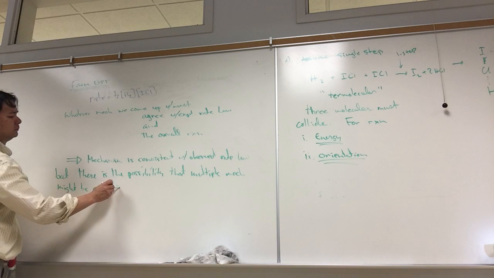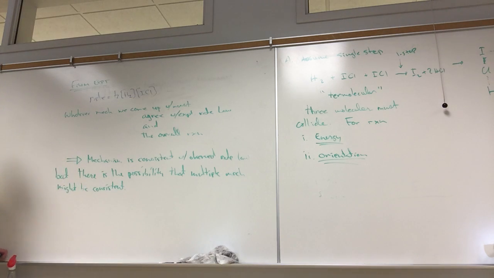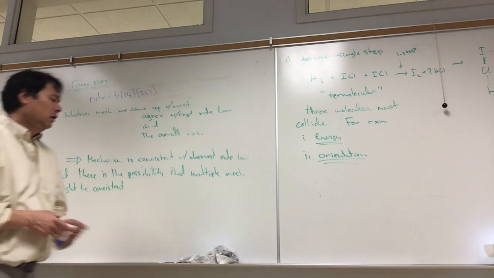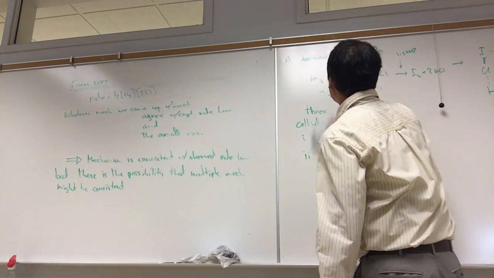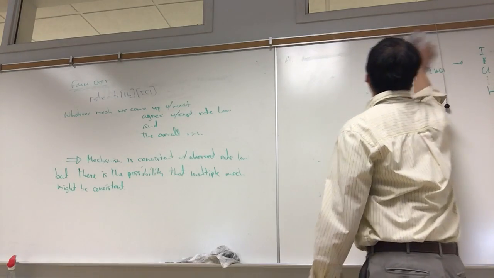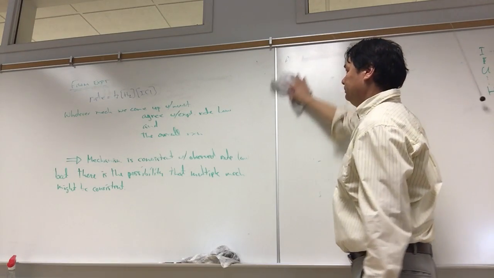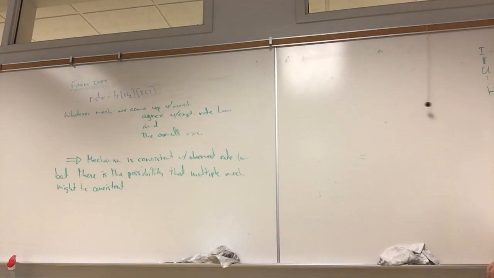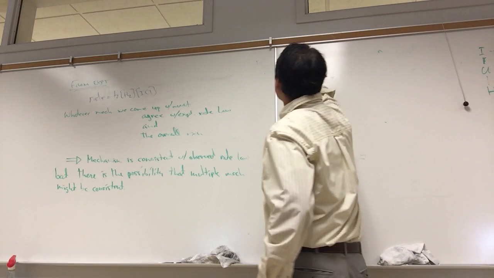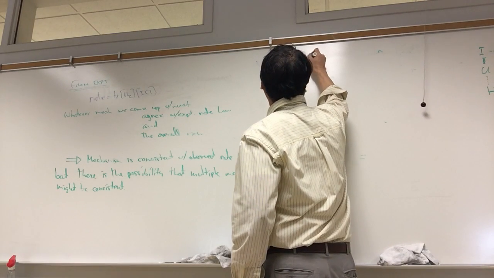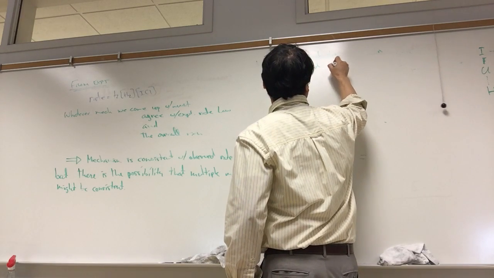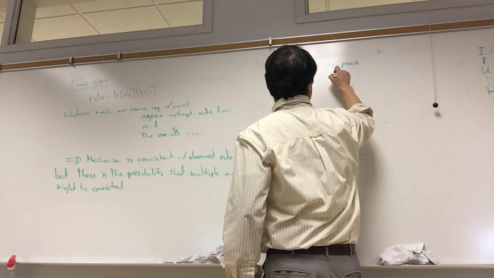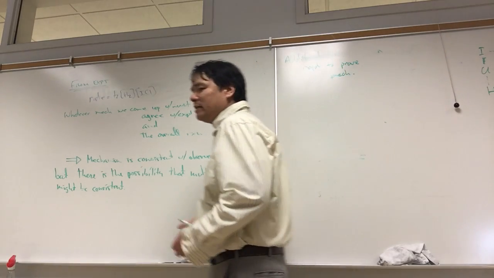The question is, how are we going to consider those possibilities, or eliminate them? Additional observations are required either to prove the mechanism or to eliminate it. And so additional observations are required to prove the mechanism.